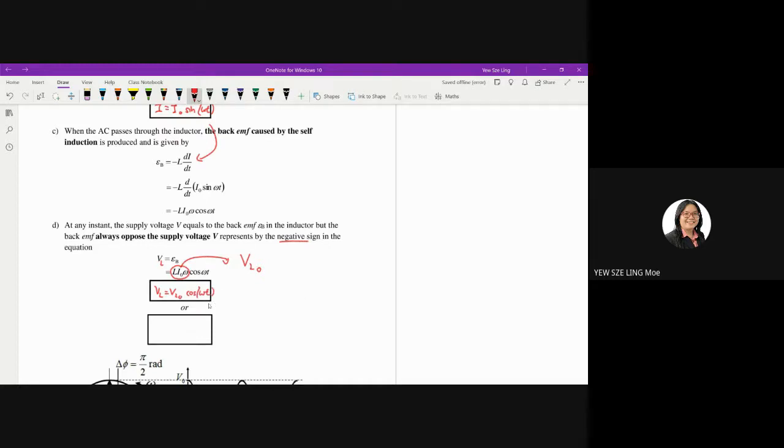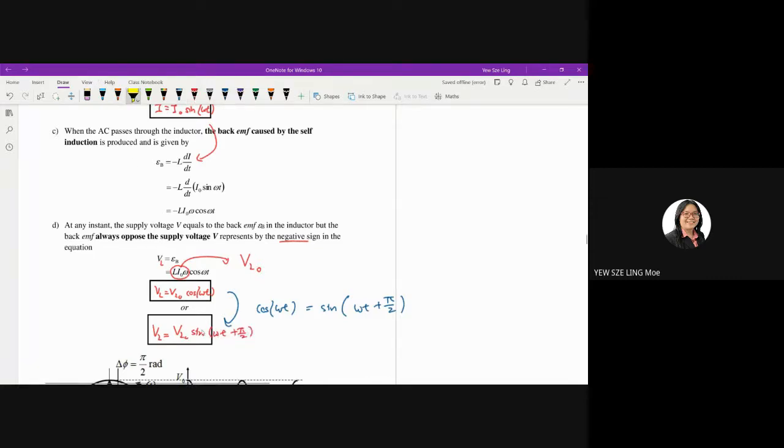And once again, based on what I told you just now, cos omega t is equal to sine of omega t plus pi over 2. Therefore, VL is also equal to VL naught sine of omega t plus pi over 2.